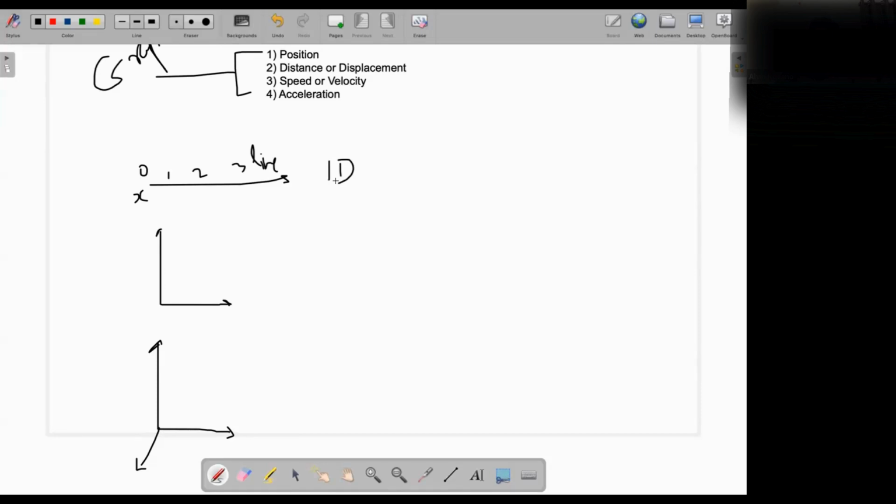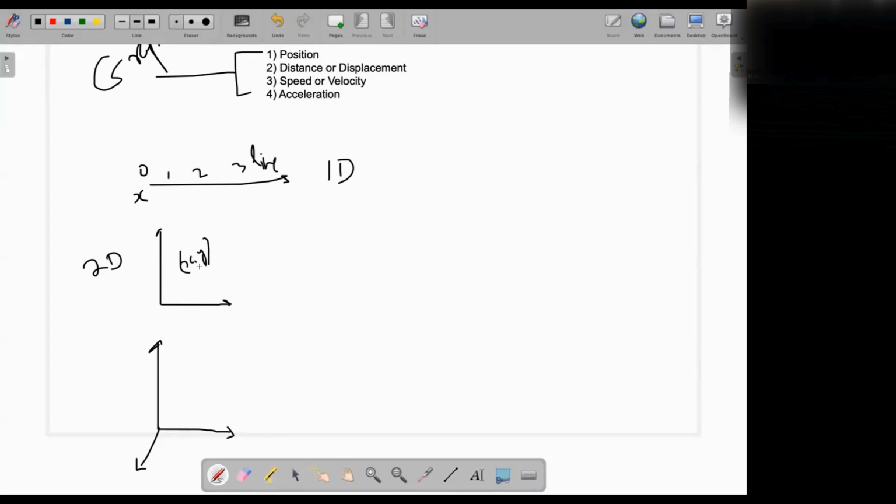So I can give a position in one dimension. This is known as two dimension. Why? Because there are x and y axes. Here the coordinates are x and y both together. So when I have one single coordinate, it is one line, one dimension. When I have two coordinates, it's called two dimension.